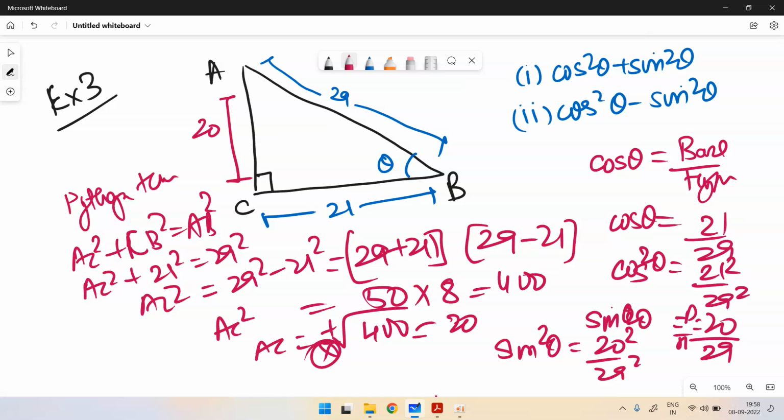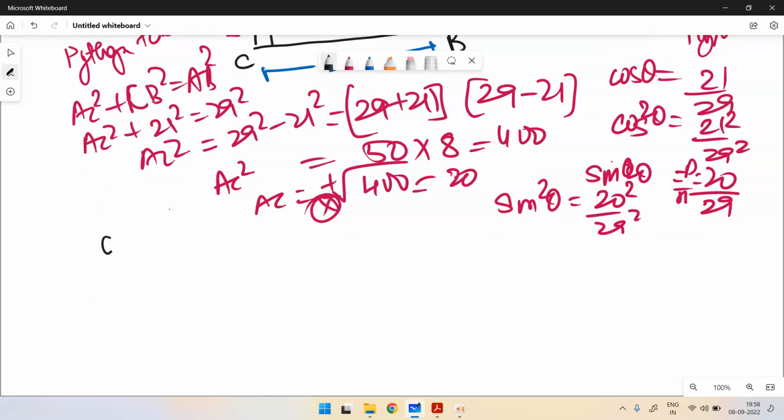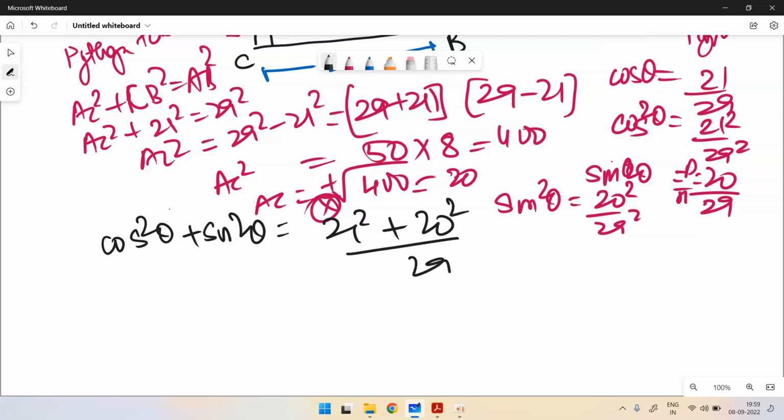Now if you add the two, that is cos square theta plus sine square theta, it is nothing but 21 square plus 20 square by 29 square.